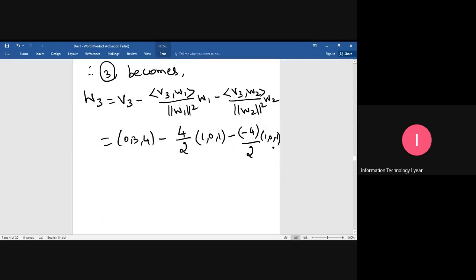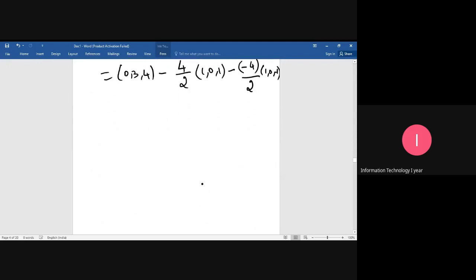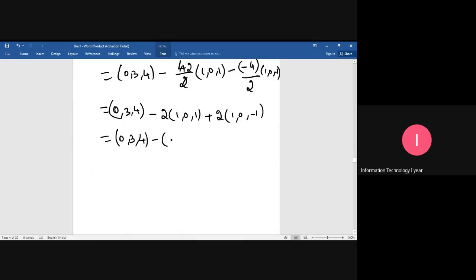So take it for simplification now. The answer is 0 comma 3 comma 4. The 2 is cancelled, so minus 2 into 1 comma 0 comma 1. Minus into minus is plus. It is also cancelled by 2, into 1 comma 0 comma minus 1. Then simplification: 0 comma 3 comma 4, 2 multiplied, so minus 2 comma 0 comma 2, plus here also 2 multiplied, 2 comma 0 comma minus 2.